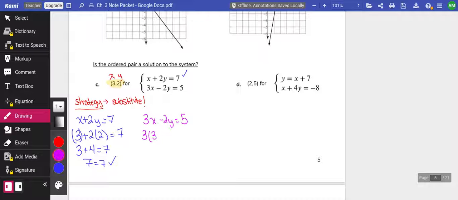And again, I'm substituting in 3 for x and -2 for y. 3 times 3 is 9, minus 2 times -2 is 4, and 9 minus 4 is 5. So because it is a point on both of those lines, that ordered pair is a solution for that system.